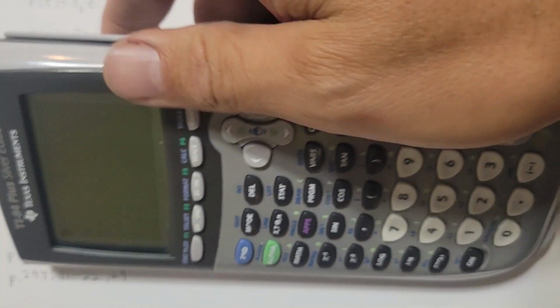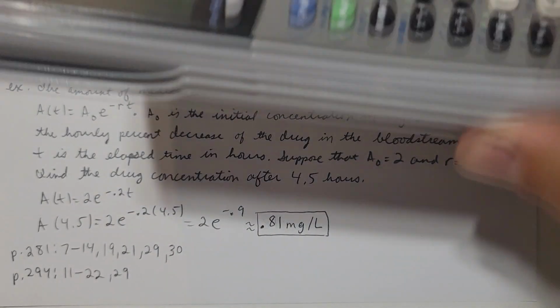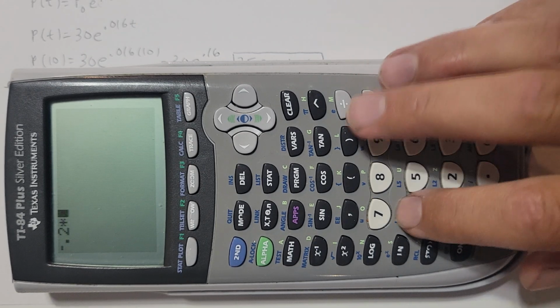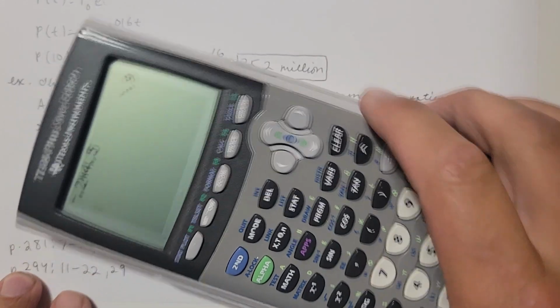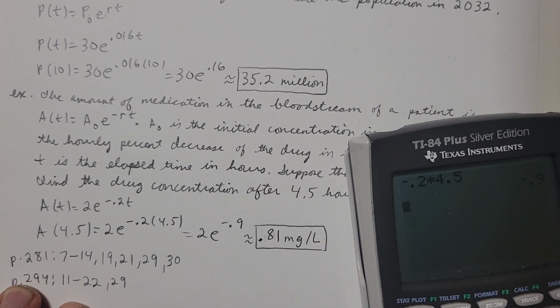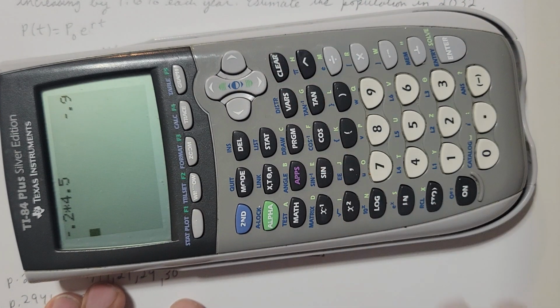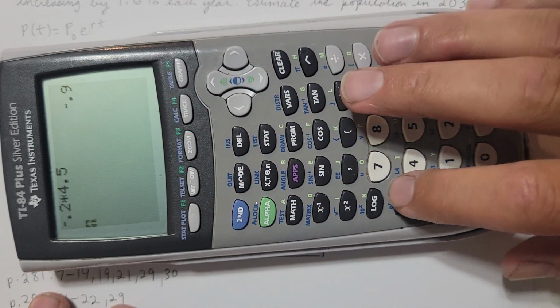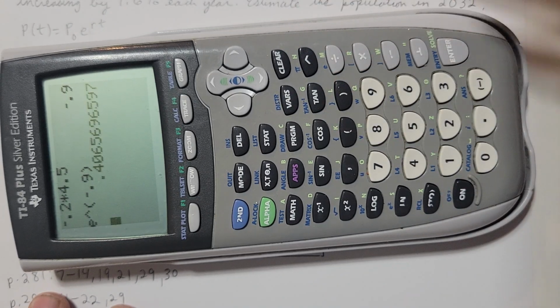I have 2 times e to the power negative 0.2 times 4.5, which is negative 0.9. Okay, so then I type in 2 times e to the power negative 0.9. And, okay, so e to the power negative 0.9, I get that.